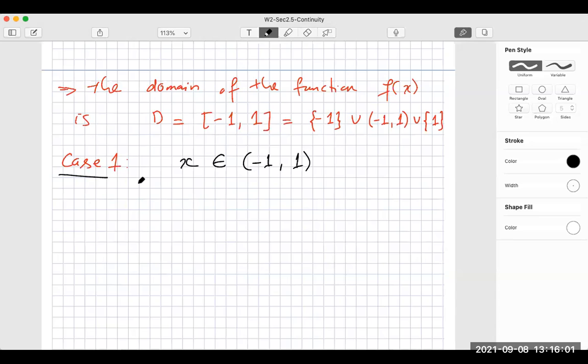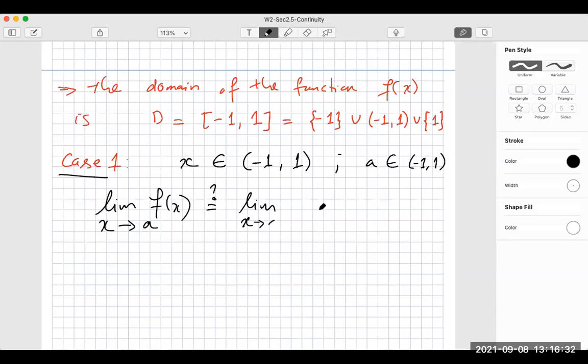What is the limit of this function when x approaches a, for a belonging to this interval? We substitute this, right?